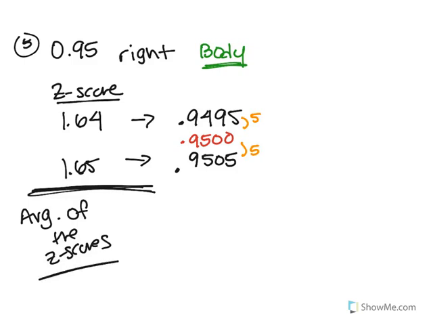That means you add them up and divide by 2. And that would give you 1.645. Do not round, because if you round, you're going to tell me that's 1.65, and it's not. You follow me? I need all 3 numbers.